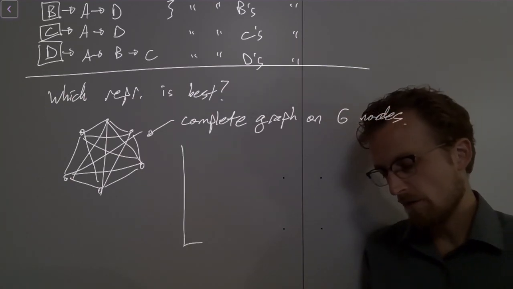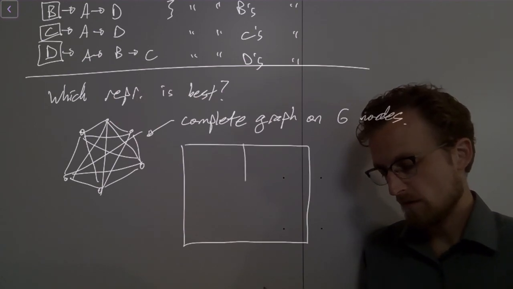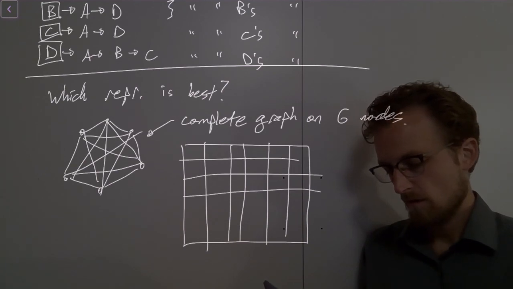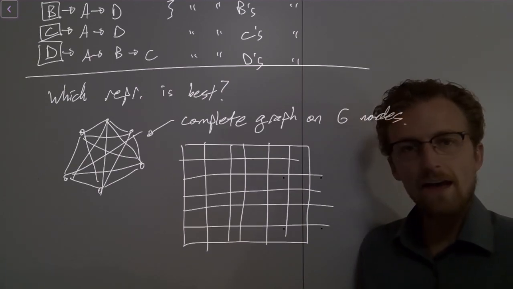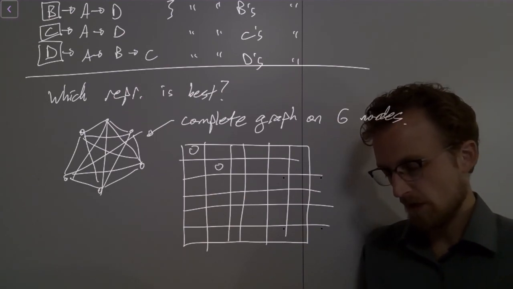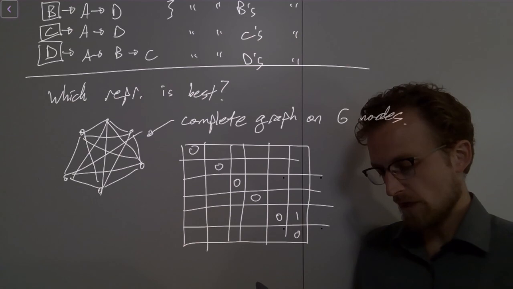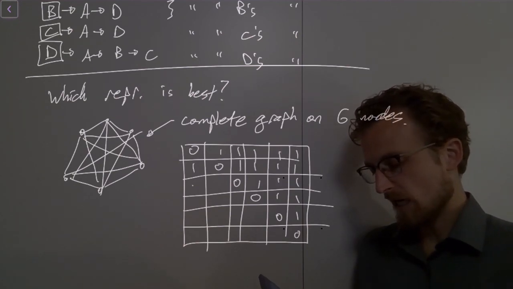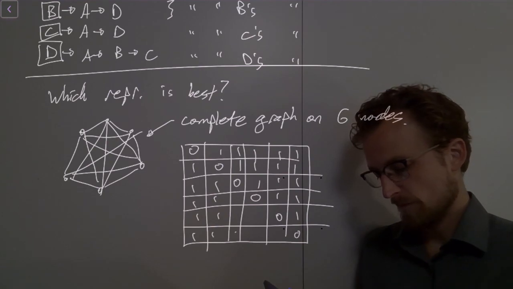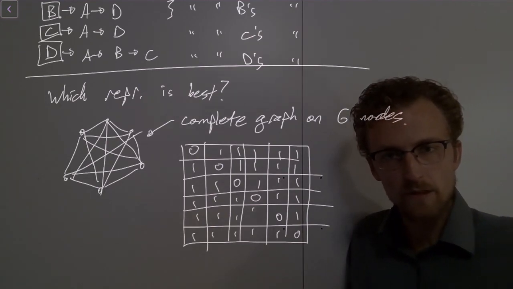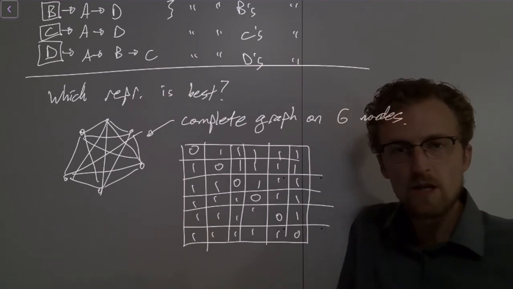Well, I would write a 6 by 6 matrix, and I would fill it with 1s. So I'd have 0s down the diagonal, and then everything else would be a 1. Here's my adjacency matrix that captures that graph. I just wrote you the adjacency matrix.